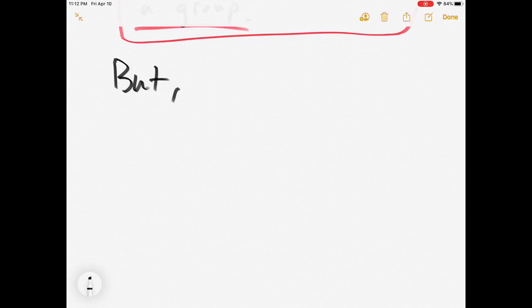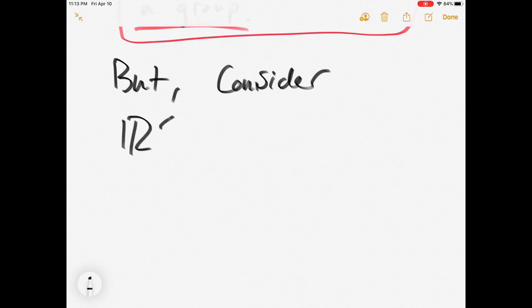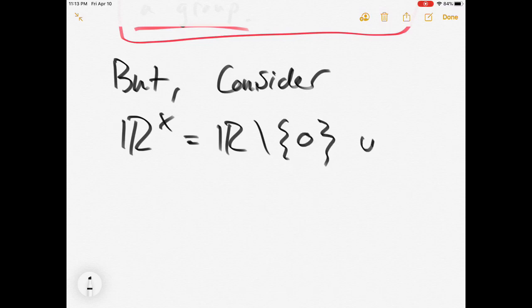But we can adjust this. Consider the set R cross, which is just the real numbers take away 0, under multiplication.